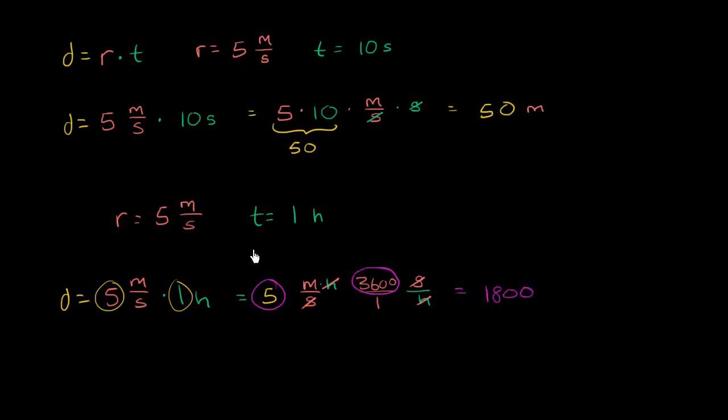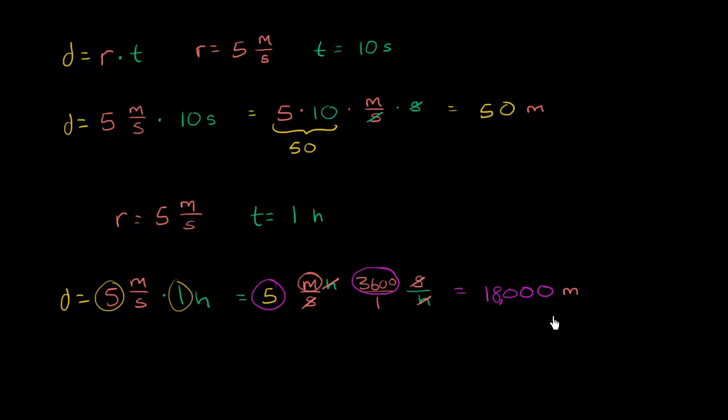And the only units that we're left with are the meters. 18,000 meters. And so we're done. We've now expressed our distance in terms of units that we recognize. If you go 5 meters per second for 1 hour, you will go 18,000 meters.